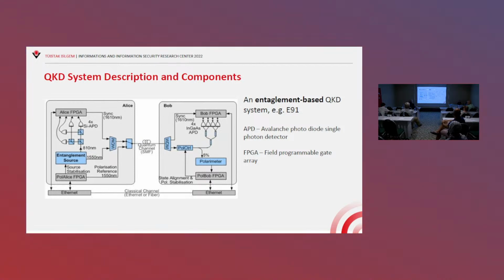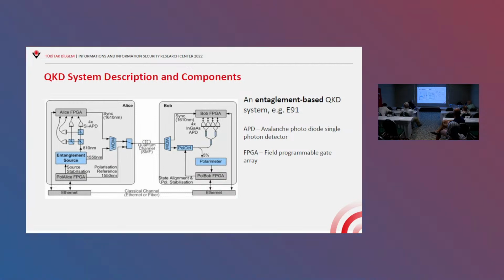As we see here, in this case we have an entanglement source. It generates two photons that are entangled, and these photons are transmitted through a quantum channel, which is a fiber in this case, and related electronics, including Bell inequality measurement circuits and detectors, are also involved.